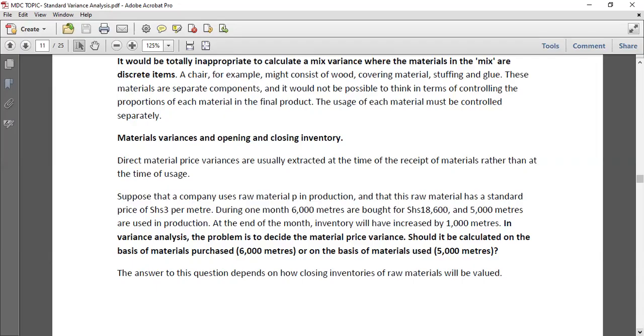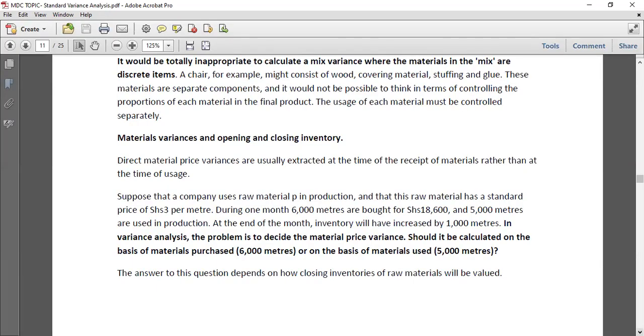We have a case here. Suppose the company uses raw material P in production, and this raw material has a standard price of 3 shillings per meter. During the month, 6,000 meters were bought for 18,600, and 5,000 meters were used in production.